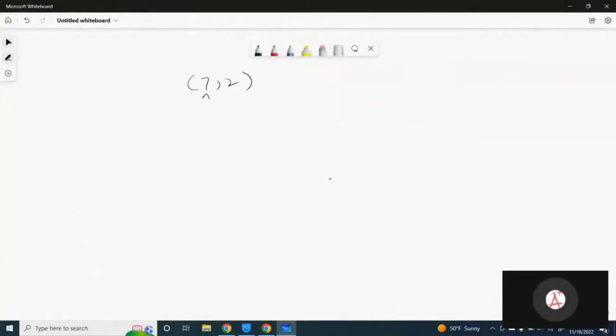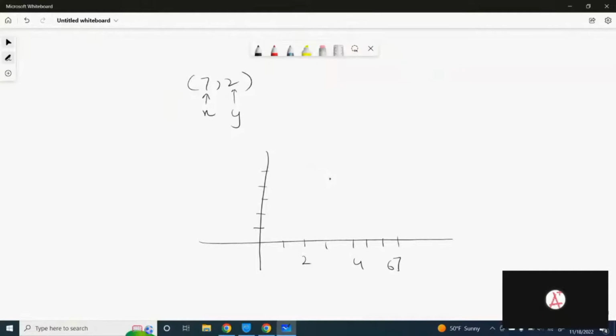Okay, that means x has the value 7 and y has the value 2. Got it? 1, 2, 3, 4, 5, 6, 7. Okay, then you have 1, 2, 3, 4, 5.